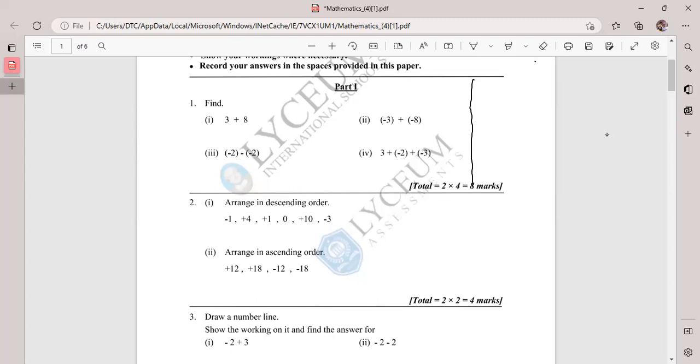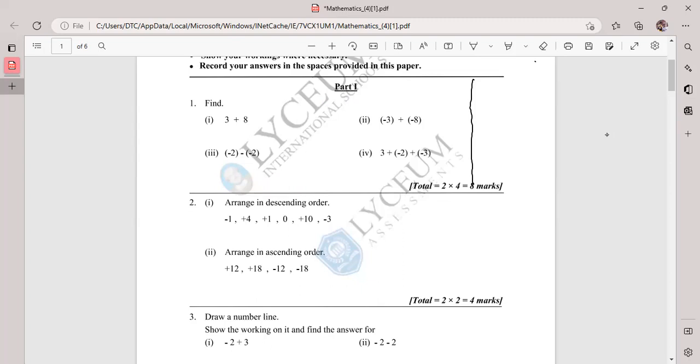If you find that these 3 questions are difficult for you before the exam, you can revise the topic directed numbers, where we are dealing with positive integers and negative integers. We have learned how to add, subtract, multiply and divide the positive and negative integers, the directed numbers, right?